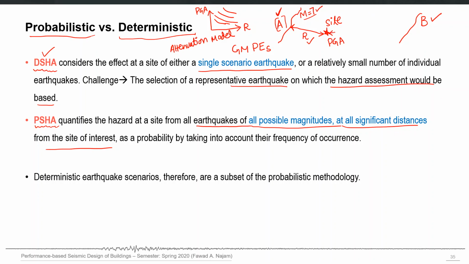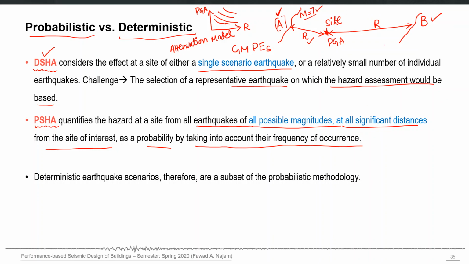We will take the distances from both of the faults into account, and we will integrate their probabilities to come up with a final combined number which will represent the ground shaking hazard at that site. So the hazard will be represented as a probability, taking into account the frequency of occurrences.